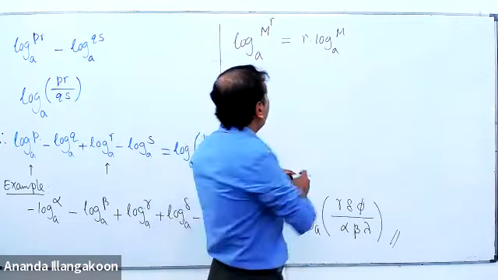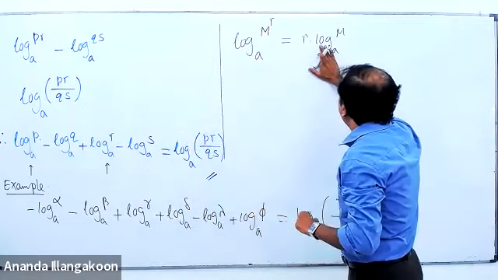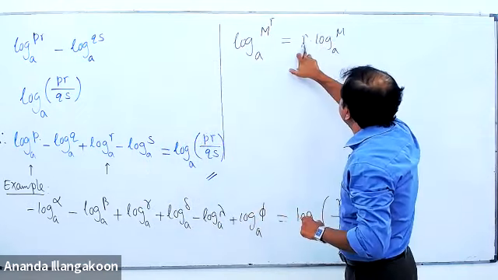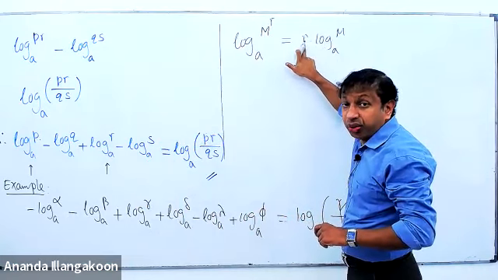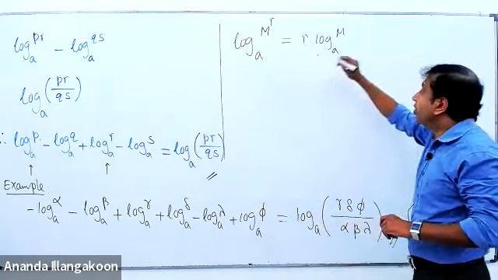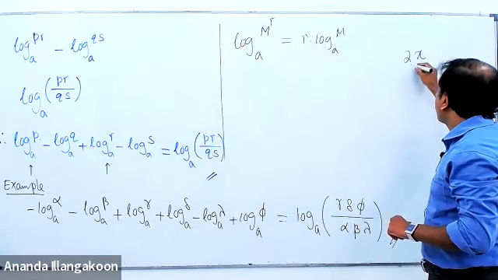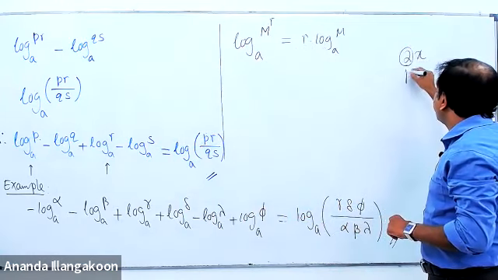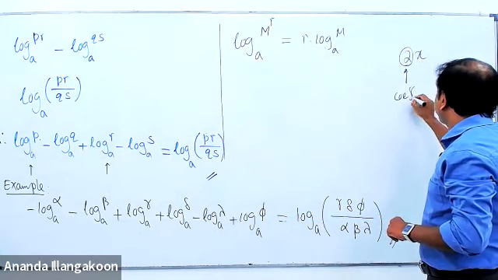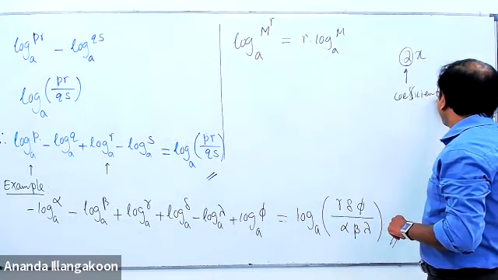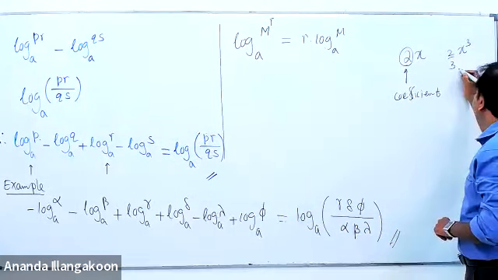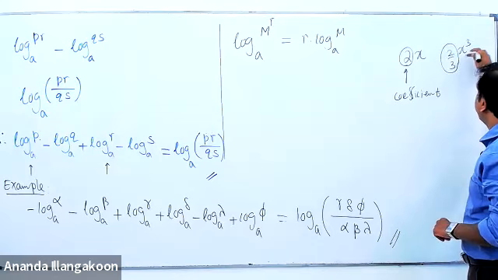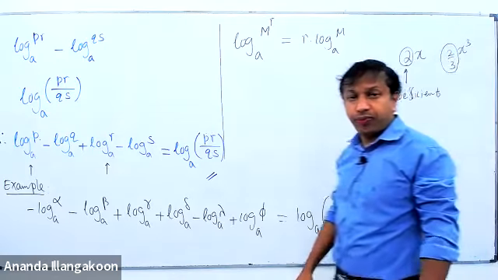Now the log term has coefficient r. This number is called a coefficient. You know, when we write 2x, this 2 is called the coefficient. When you write x cube with 2/3 before it, 2/3 x cube, this 2/3 is called the coefficient of x cube.